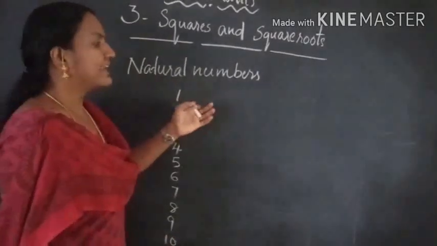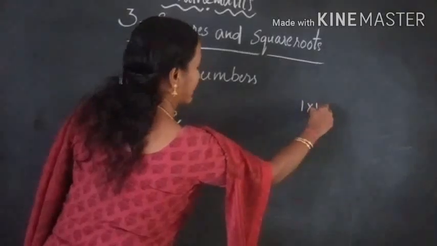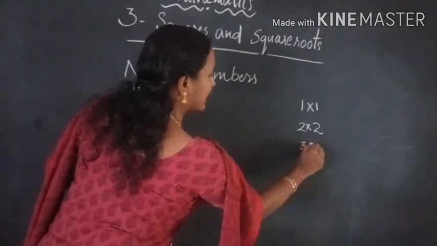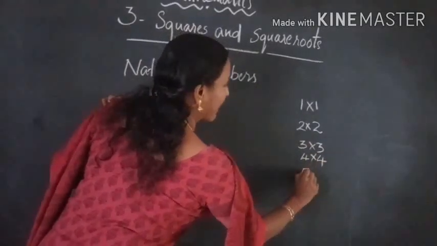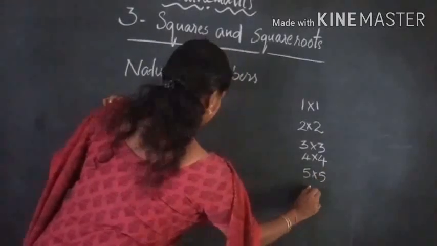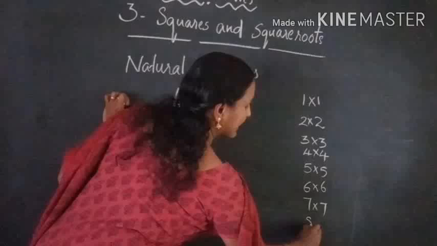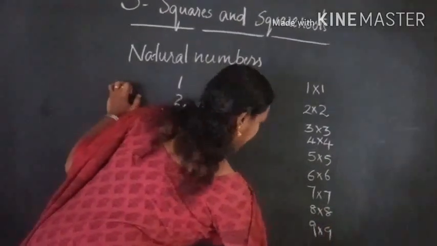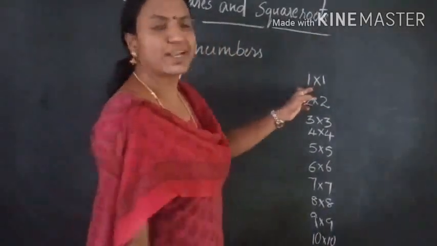Let's multiply each number by itself. That means 1 into 1, 2 into 2, 3 into 3, 4 into 4, 5 into 5, 6 into 6, 7 into 7, 8 into 8, 9 into 9, 10 into 10. 1 into 1?